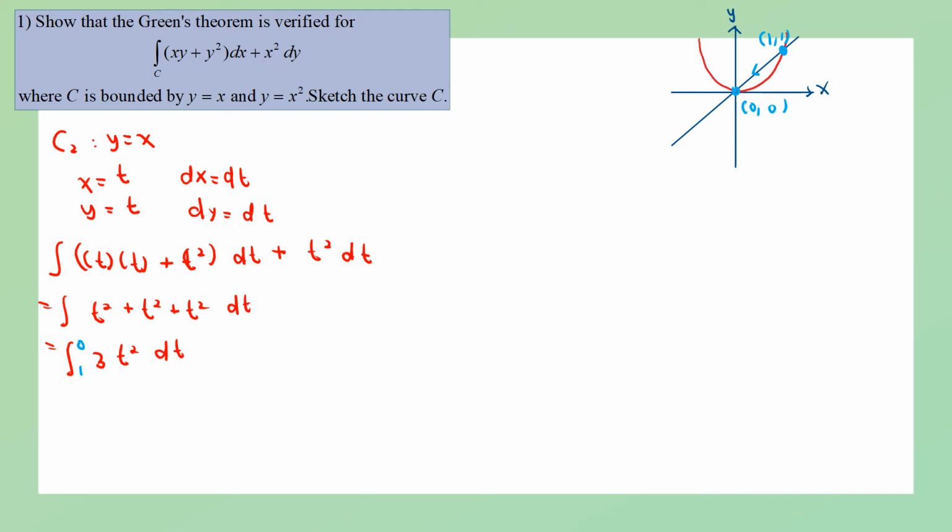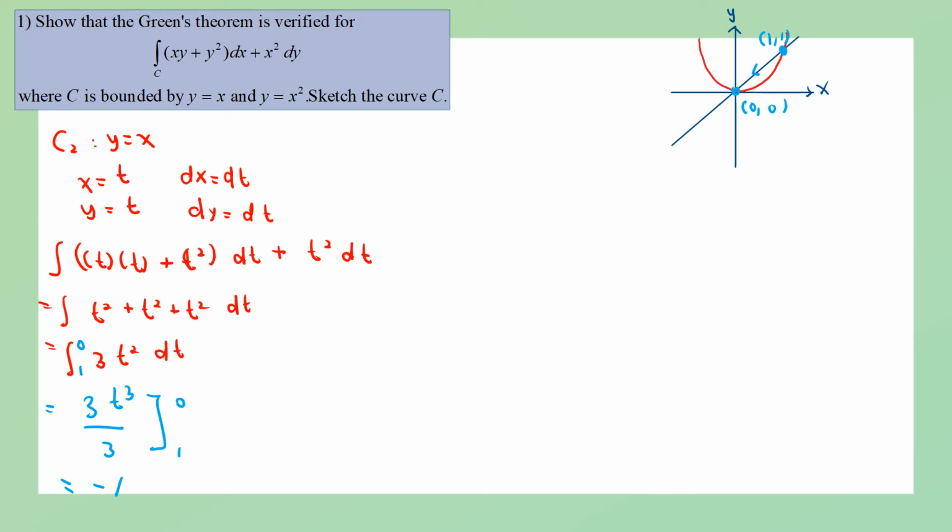So you can integrate this, you will get 3t cubed over 3, limit 1 to 0. So when you substitute 0 and 1, you will get negative 1. So this is the line integral for curve 2.